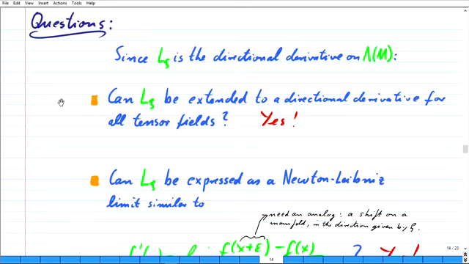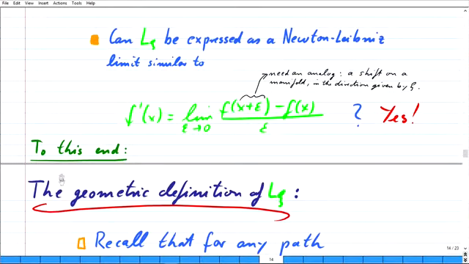But maybe we can find a definition for the Lie derivative that agrees with what we've just done, but is basically a Newton-Leibniz limit of a directional derivative that can be applied to both differential forms and more general tensors.